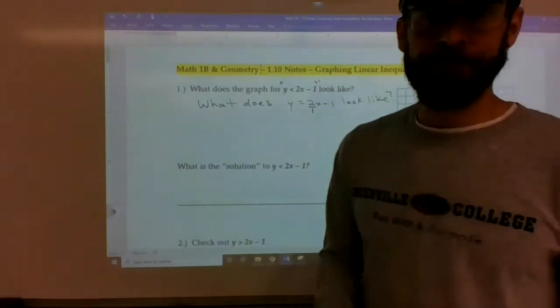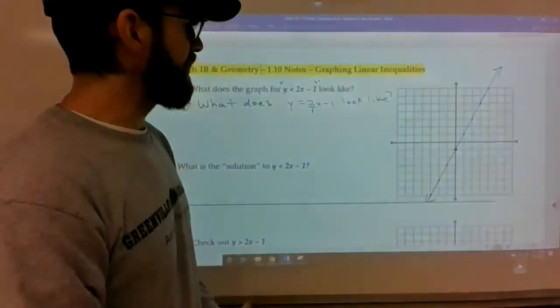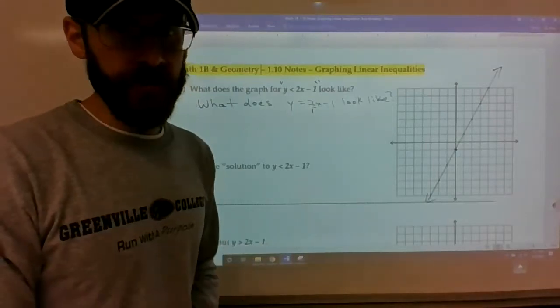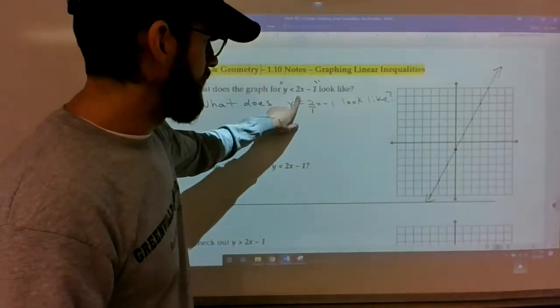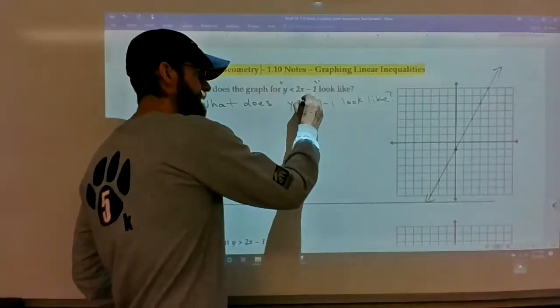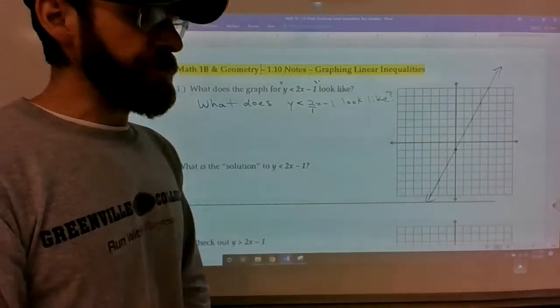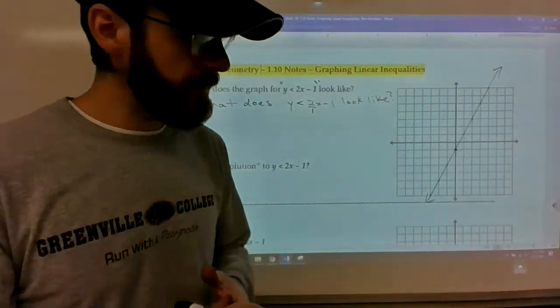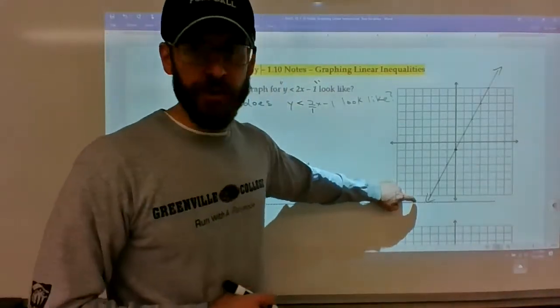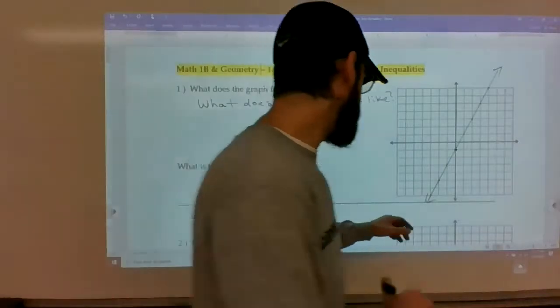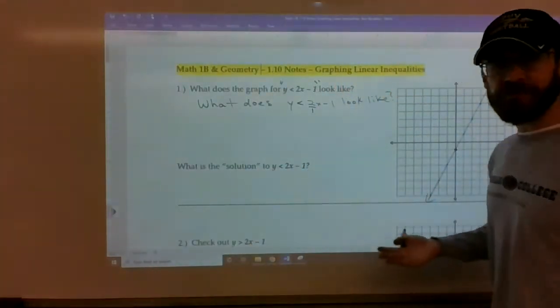And we'd be done. But here's the thing. It's not equal to. It's less than. So here's how to think about this. Y equals 2x minus 1. When we graph this line, remember when we solved equations?